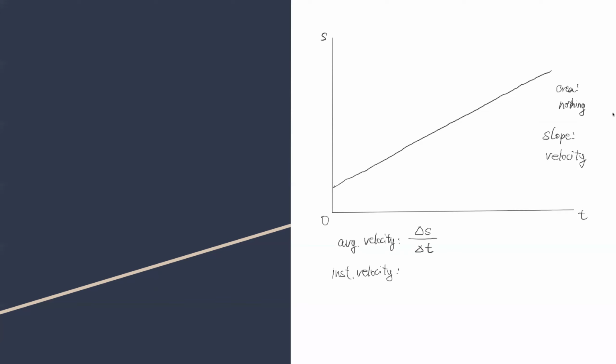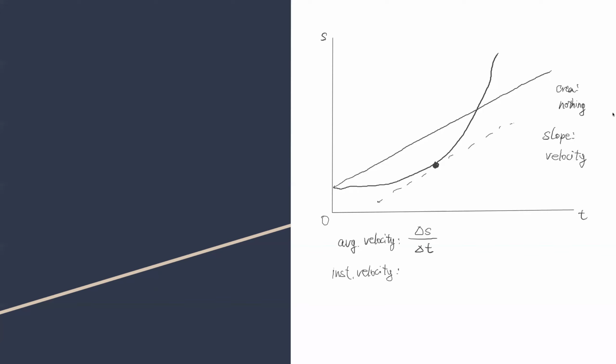In a graphical sense, it means the slope of the tangent line. For example, if you have a curve like this and you want to find the instantaneous velocity at this point, you draw a tangent line and find its slope. That slope is the instantaneous velocity. This involves some calculus, but I'm not going to cover any calculus in this video. Just be reminded that it's the slope at that point.